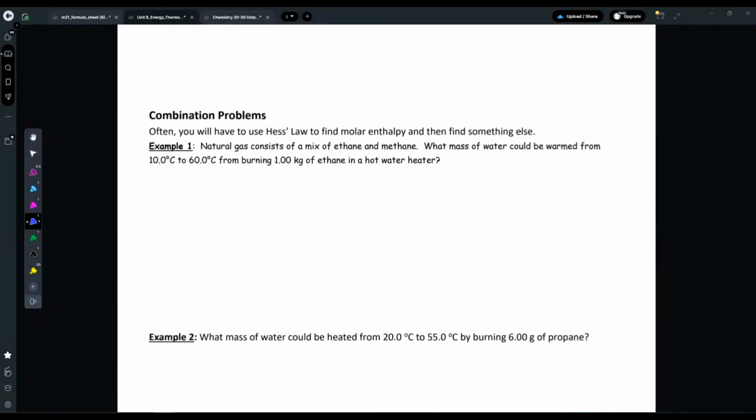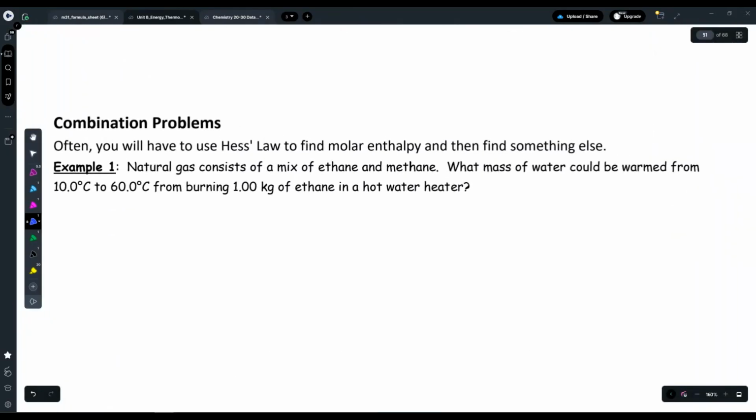Okay, moving on to combination problems. So oftentimes you will have to use Hess's law to find the molar enthalpy, and then we've got to find something else. Okay, so for our first example here, we have natural gas consists of a mixture of ethane and methane.